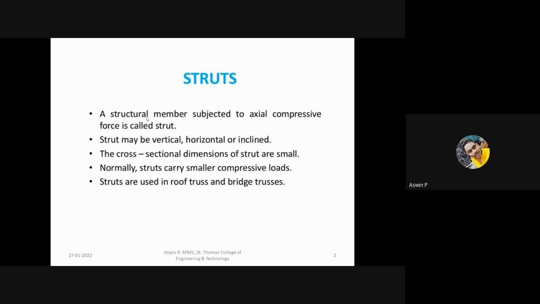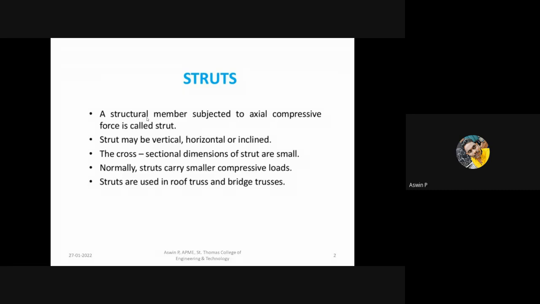The fifth module heading is buckling and stability, and then you have to write the subheading as basic terms. Basic terms, first one: strut. Please write down in your notebook.